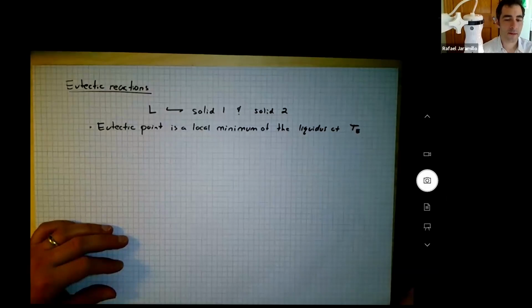Let me pull up the slides. And while it loads, I'm going to define it. Okay.